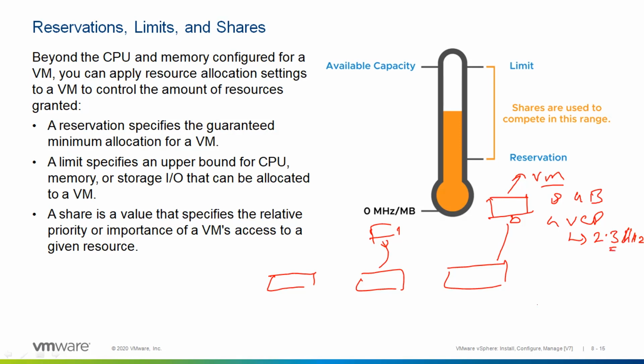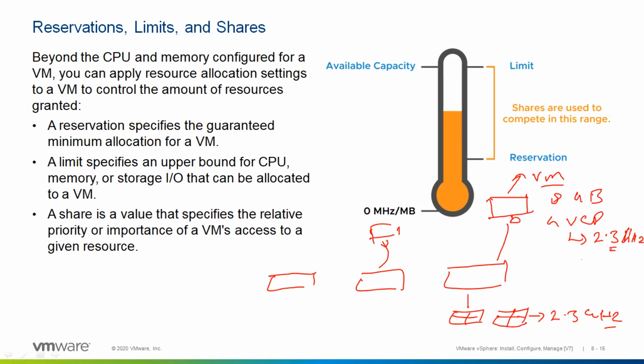This clock speed comes from the CPU clock speed we are getting. Say my CPU clock speed is 2.3 gigahertz overall. Then it means that per virtual core, I am getting 2.3 gigahertz of CPU.